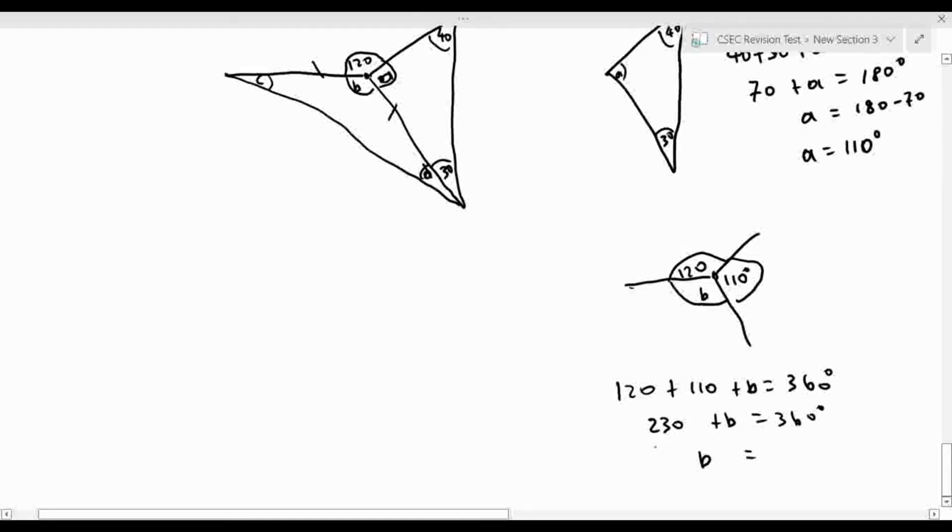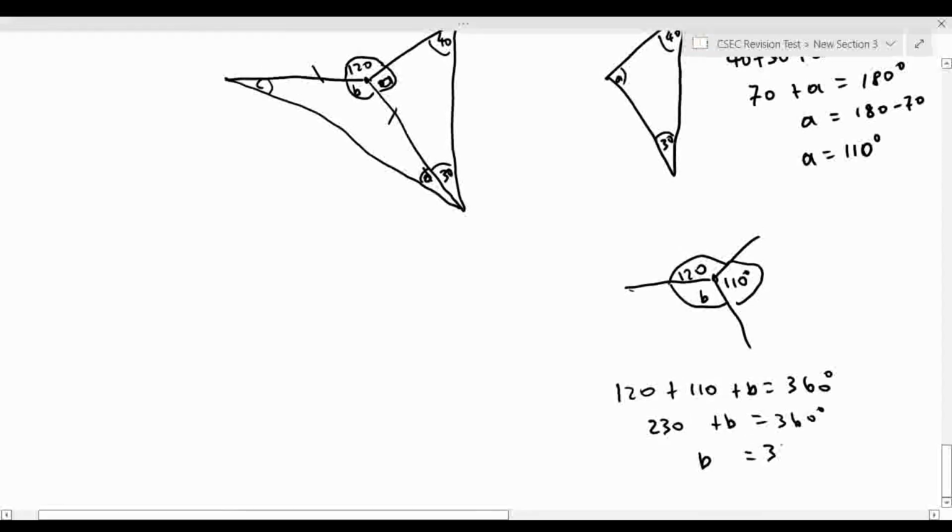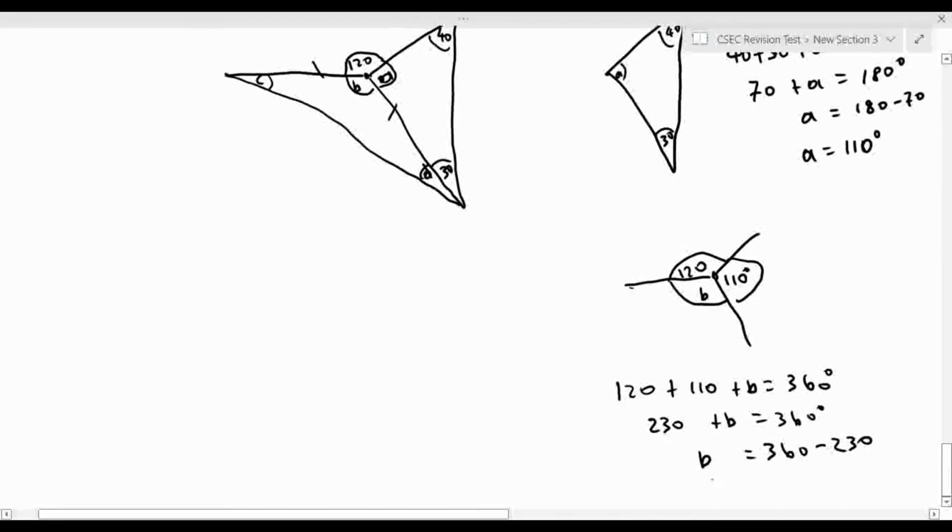Therefore, when we subtract 360 minus 230, our B will be equal to 130 degrees. So now that we found B, we found two angles. We found angle A, we found angle B.